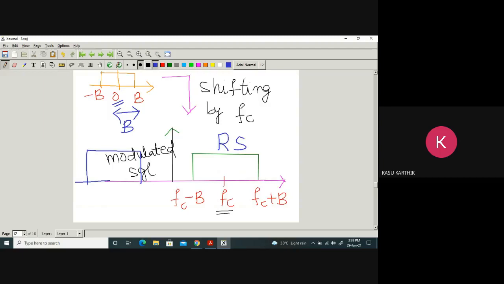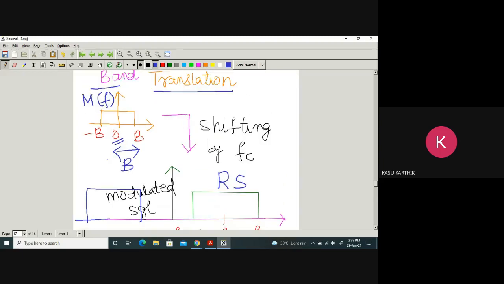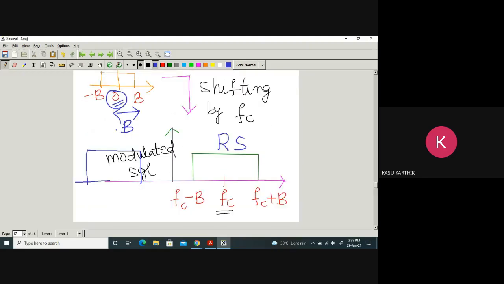Here you can clearly observe, by modulating we are shifting the frequency. Before modulation the spectrum was centered around 0. Now after modulation it is shifted by Fc, that's why it is centered around Fc.